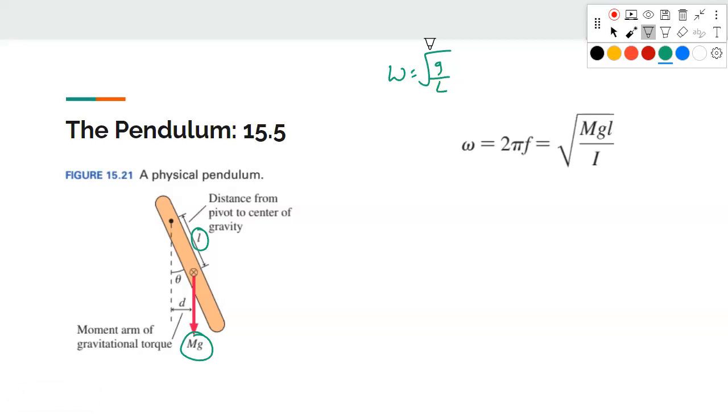This lowercase l, you could imagine your arm, for example, is a pendulum if you let it just kind of hang free. And so, your arm has a total length, but instead you could think, where is the center of mass of my arm? So where would it balance? Roughly halfway. And so the length from my shoulder to that center of mass, that's this lowercase l, just to clarify.